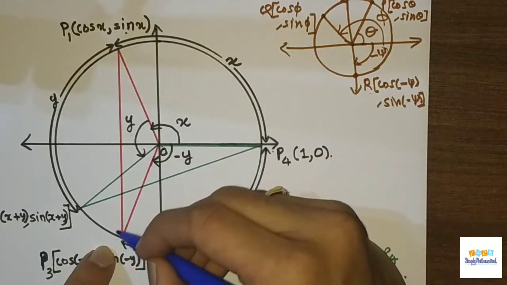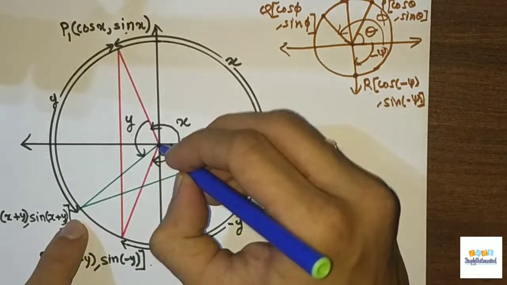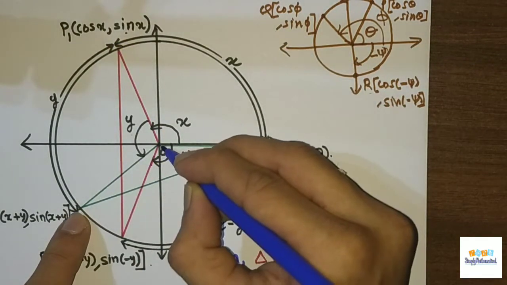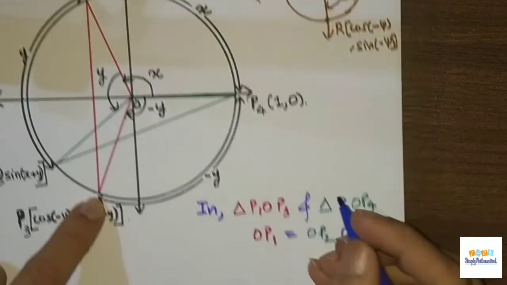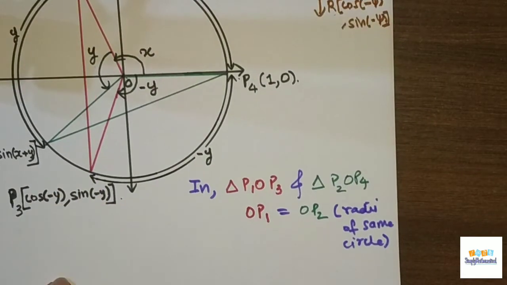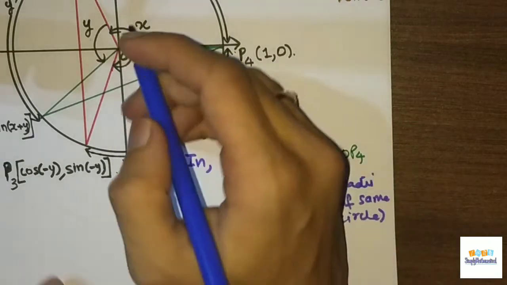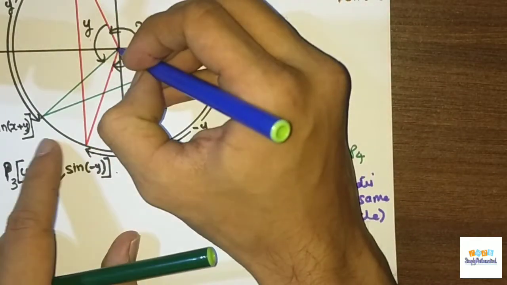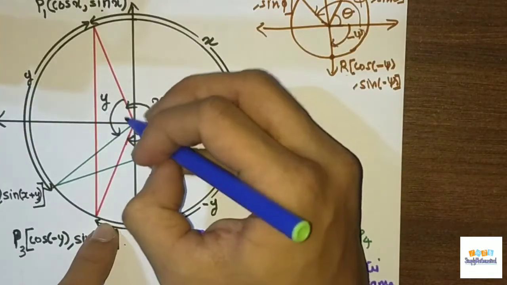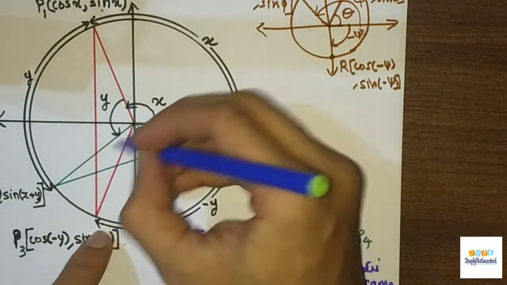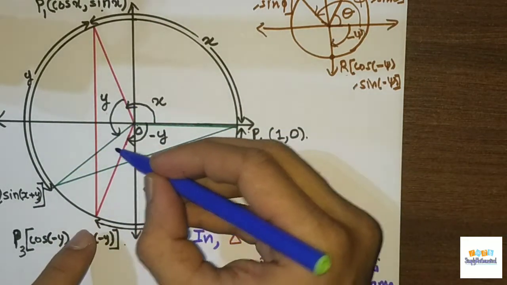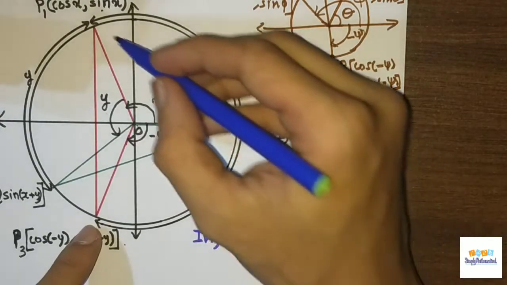This full angle is made up of P1 O P2 and P2 O P3. So this angle, which I have just told, is made up of these two angles.